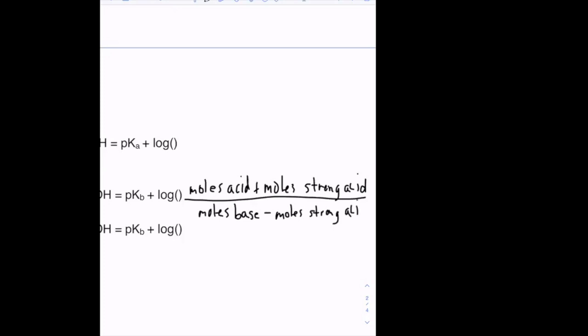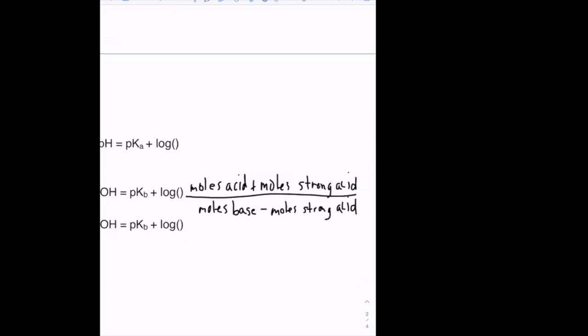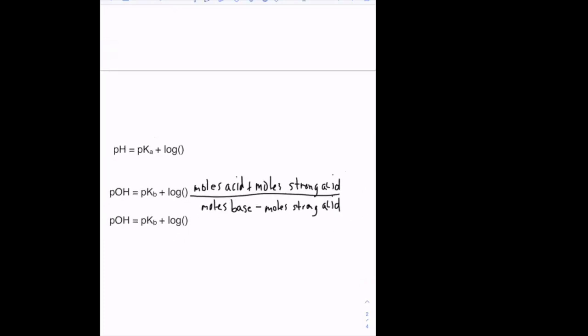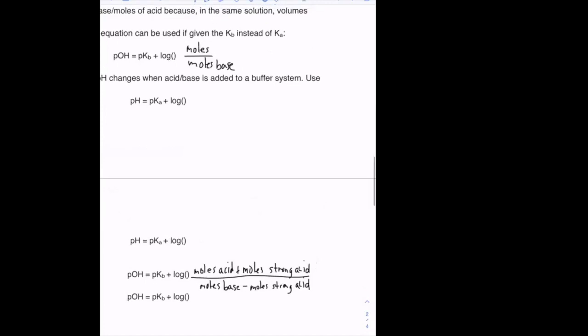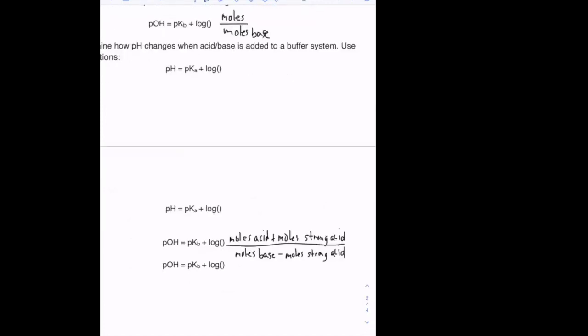And once again, for any of these equations, this is the same stuff that Dr. Kautz did in his lecture today, if you've watched that. What he did in class was, I'll just do that right here. He said, let's say that the Ka equals the concentration of H3O plus times A minus over HA.